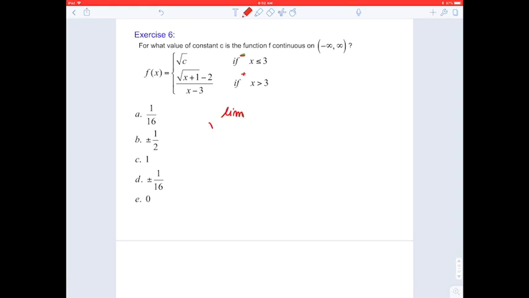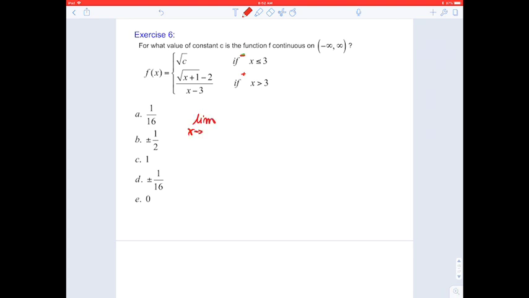That means limit as x goes to 3 on the left hand side. We do have a function just square root of c, which is constant. Let me move a little bit, then I can probably squeeze my solution.